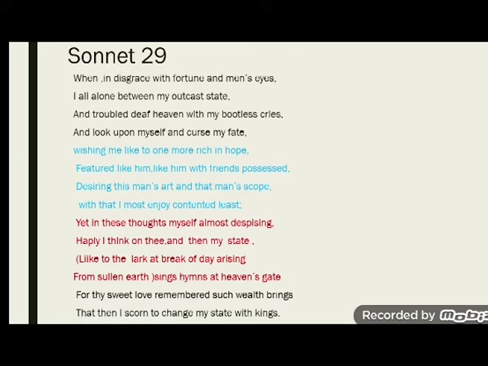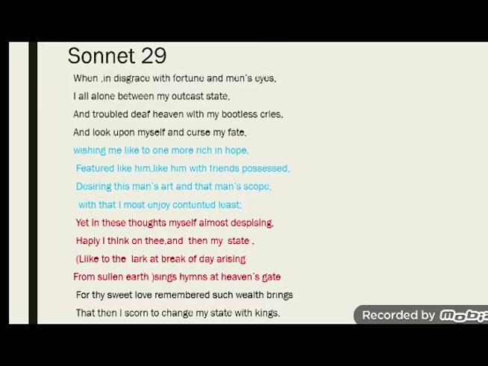When in disgrace with fortune and men's eyes, I all alone beweep my outcast state, and trouble deaf heaven with my bootless cries, and look upon myself and curse my fate. Wishing me like to one more rich in hope, featured like him, like him with friends possessed, desiring this man's art and that man's scope, with what I most enjoy contented least.